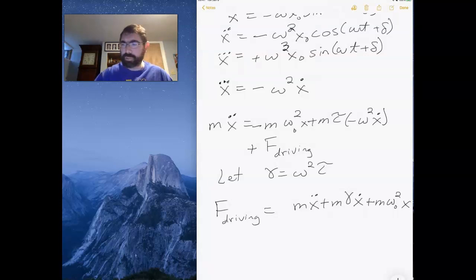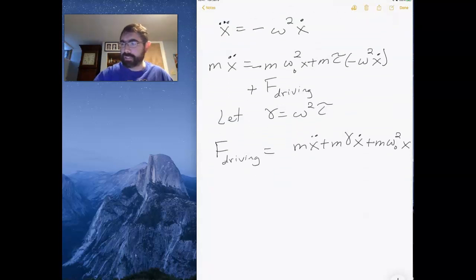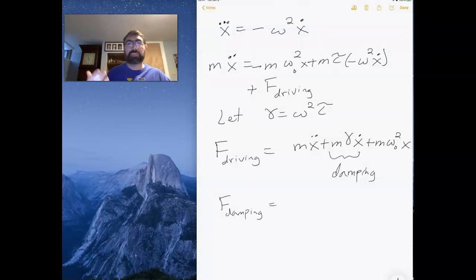And what we can do is we can now take a look at this is the damping force, that radiation. And so what we can say is that damping force, the thing that's applying essentially friction to slow it down, is minus gamma m times v.